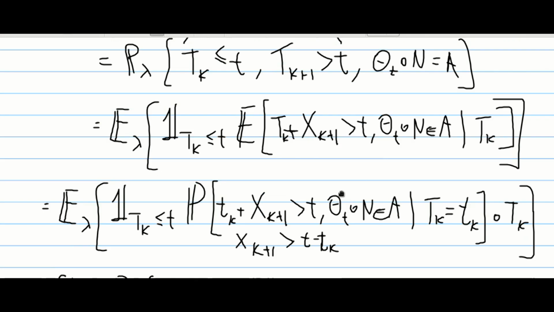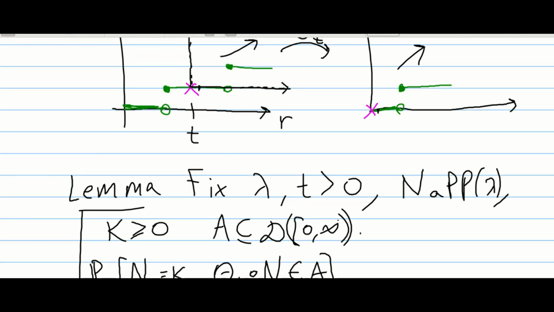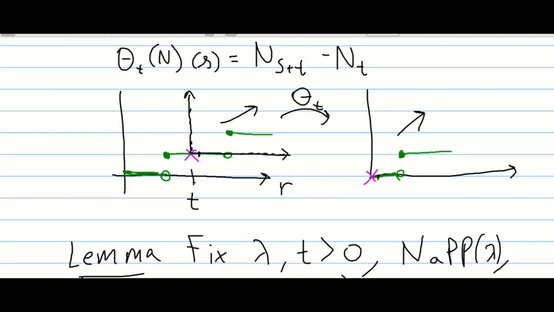For this we have to go back to the picture. Here in this picture we had tk. Actually, I'm going to write it as lowercase tk, because we already did this conditioning.